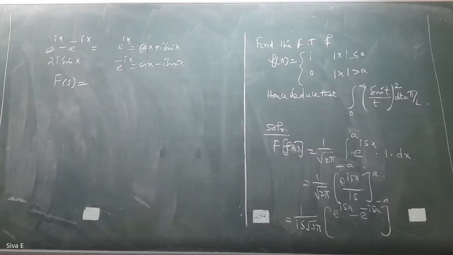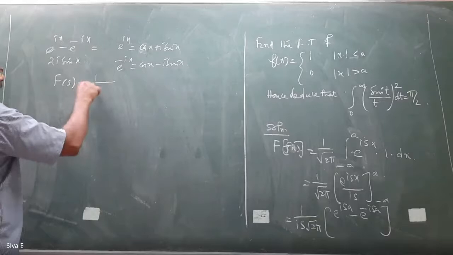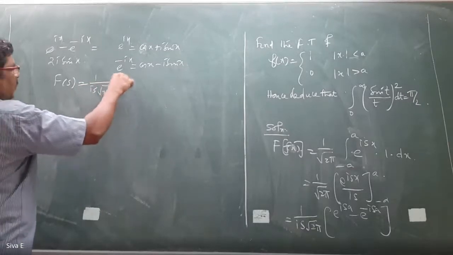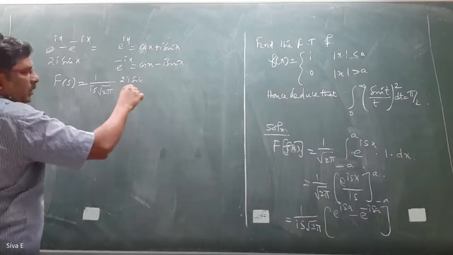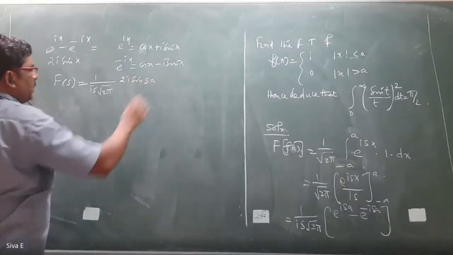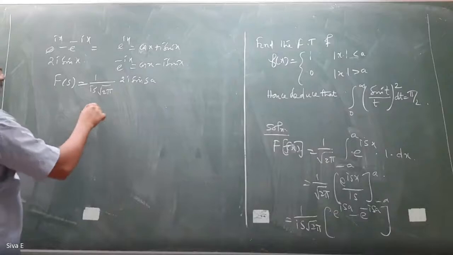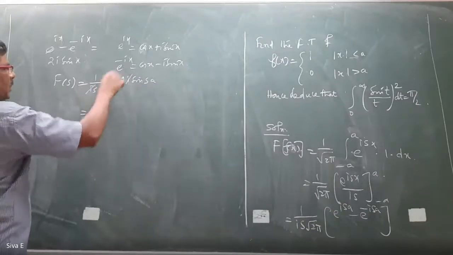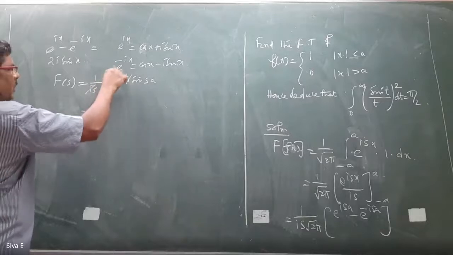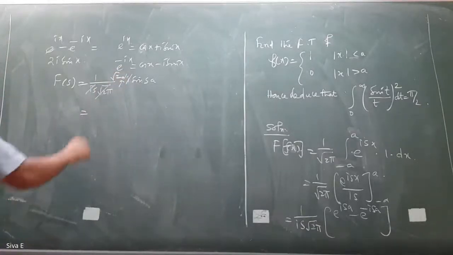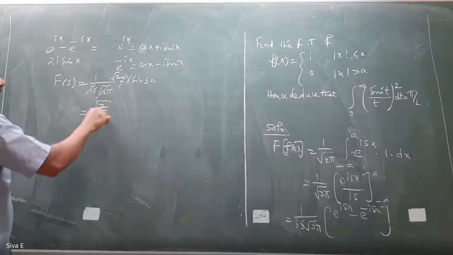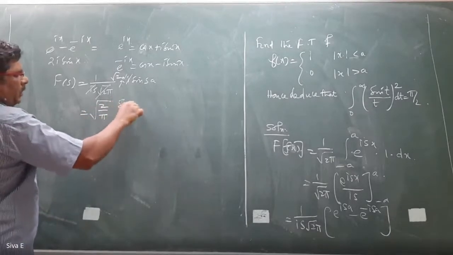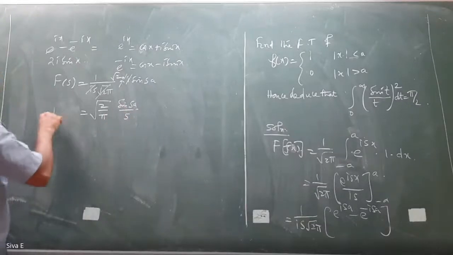So here f of s is 1 by is root 2 pi times 2i sin sa. So i cancels, 2 and root 2 cancel, root 2 by pi remains, sin sa by s.